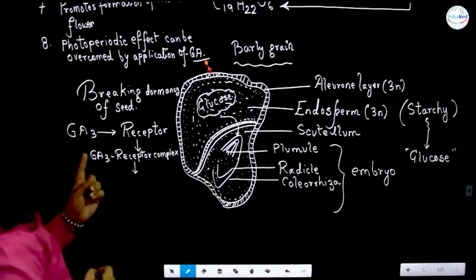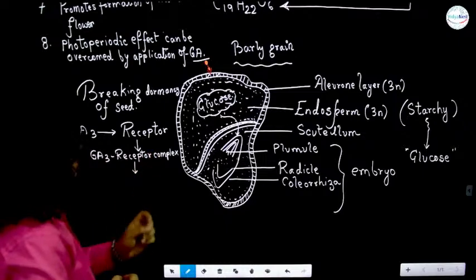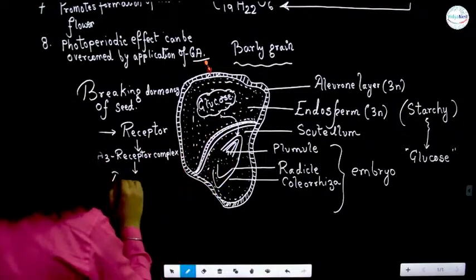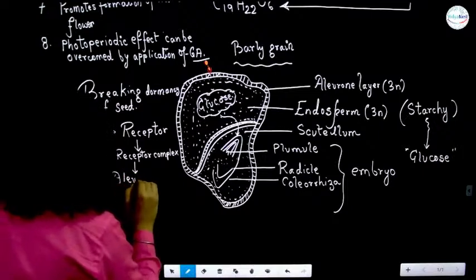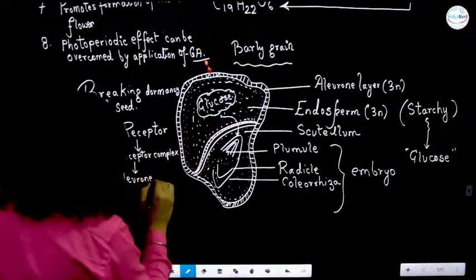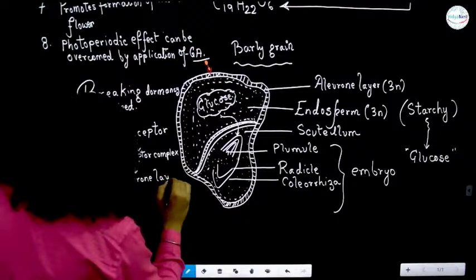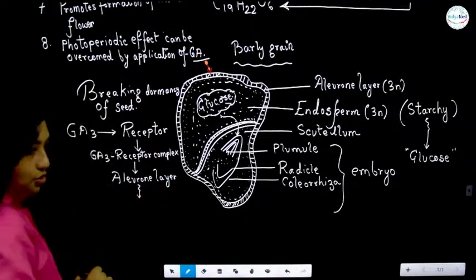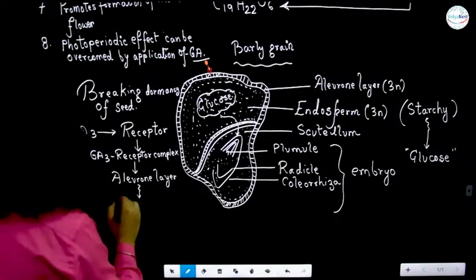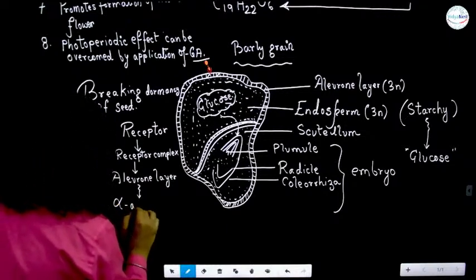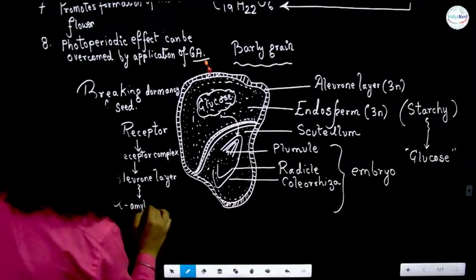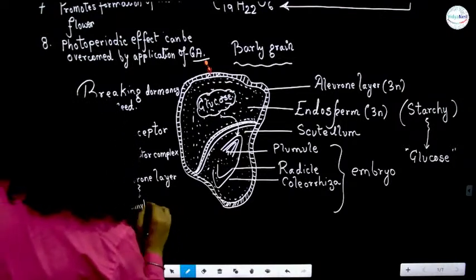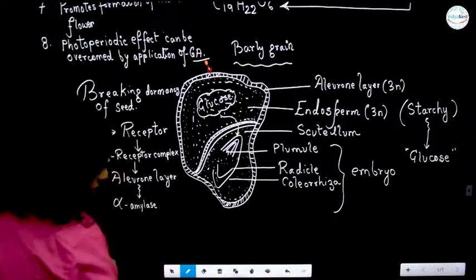As soon as this complex is formed, it is going to stimulate the aleurone layer to secrete an enzyme known as alpha amylase.